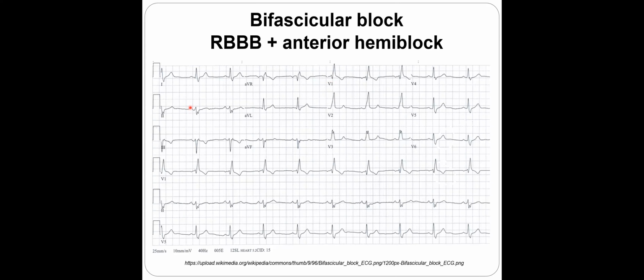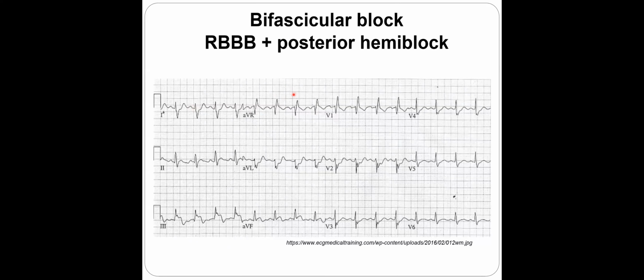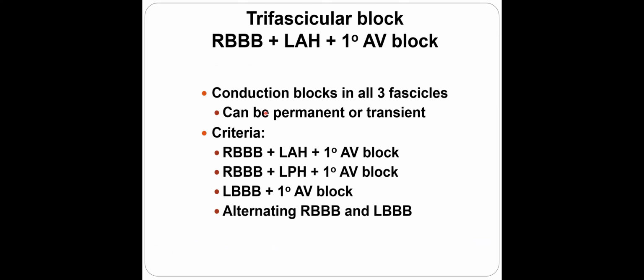This means it's a bifascicular block. It can also be a posterior hemiblock with a right bundle branch block. You do see the pattern in V1, plus you do see this in lead number 1. We do have a right deviation.